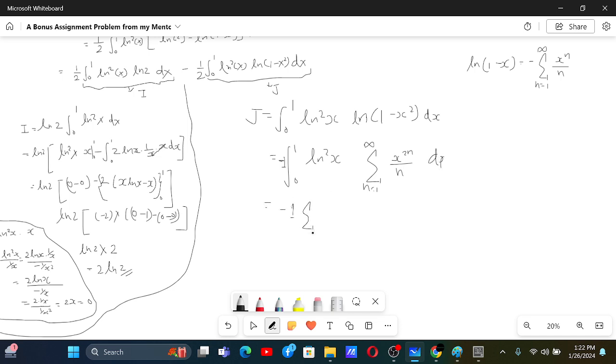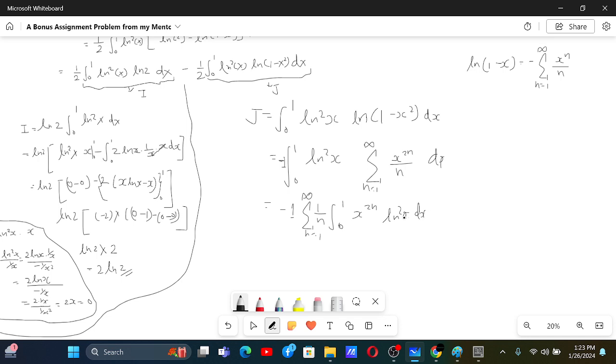Minus 1 times the sum from n equals 1 to infinity, and 1 by n can be taken out, of the integral of x to the power 2n ln square x dx.